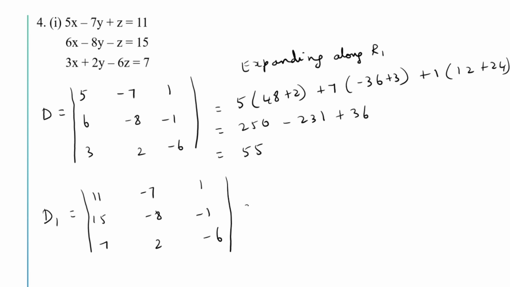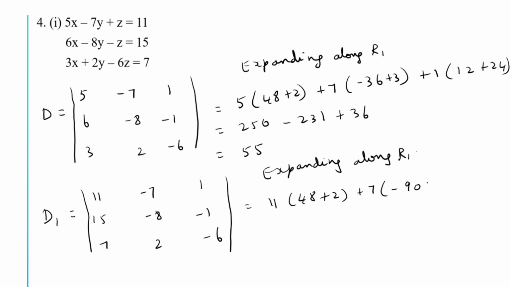So expanding along R1, 11 into 48 plus 2 minus of minus plus 7 into minus 90 plus 7 plus 1 into 30 plus 56.